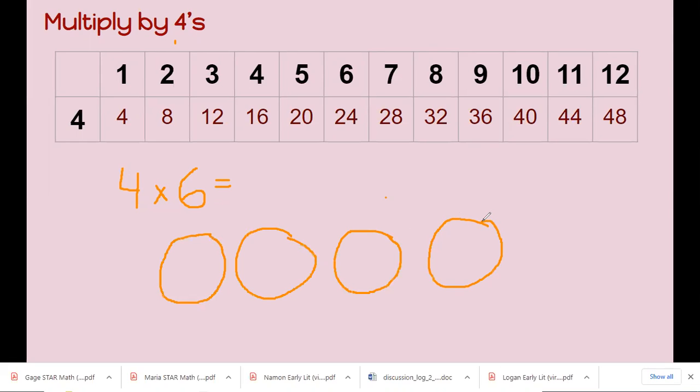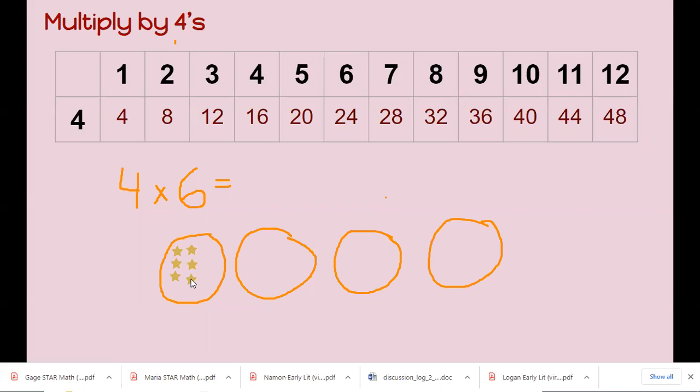In each of those groups, I am putting 6 because I want to know what 4 groups of 6 equals. So let's put 6 in our first group. 1, 2, 3, 4, 5, 6.